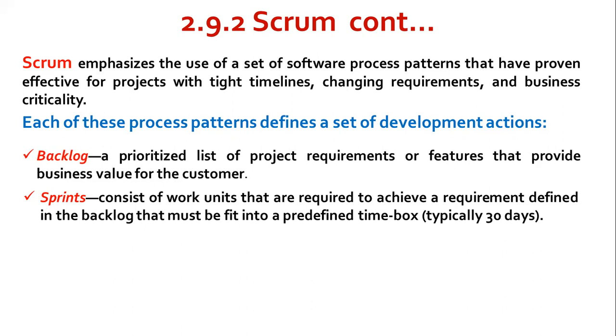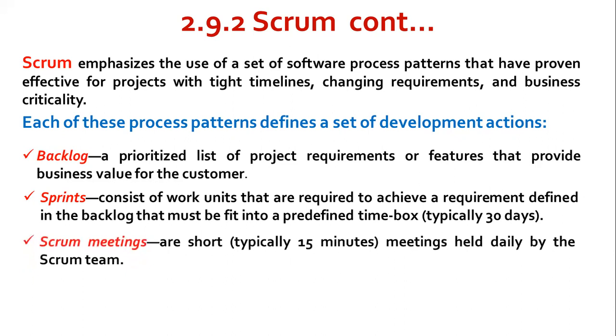Coming to Scrum meetings, which are short, typically 15 minutes, and held daily by the Scrum team, three key questions are asked and answered by all team members: What did you do since the last team meeting? What obstacles are you encountering?